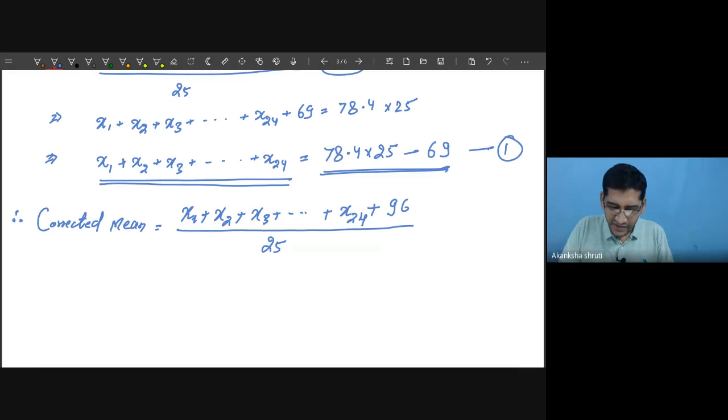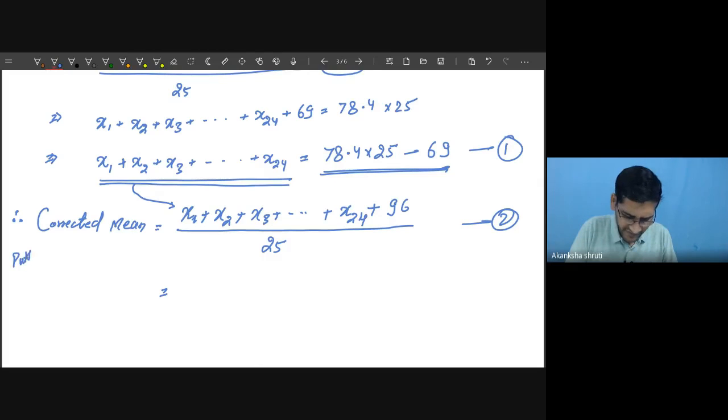Okay, if we substitute x1 plus x2 up to x24 here, we can get the corrected mean. So it's also very easy. You may substitute, putting equation 1 in 2. First we have calculated it, so substituting in the second itself, we can directly get the correct mean.